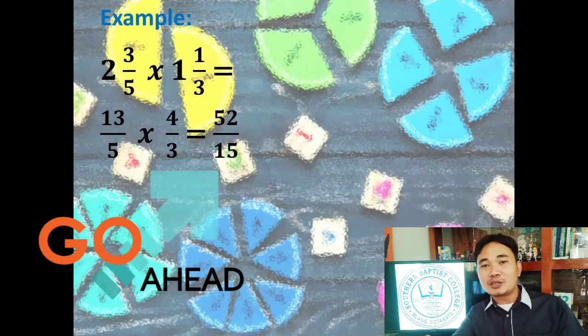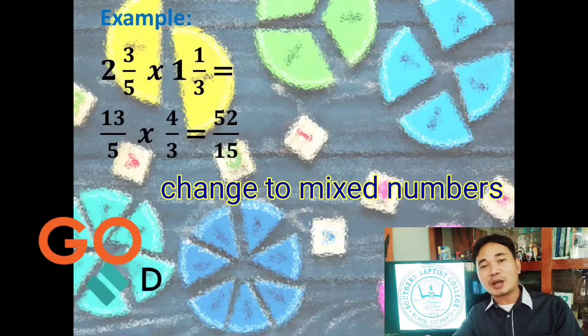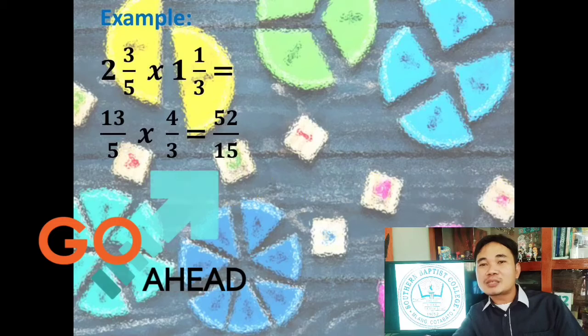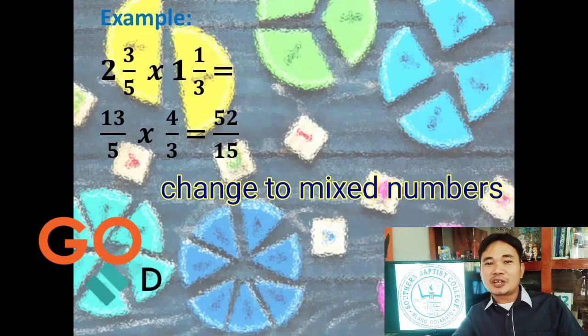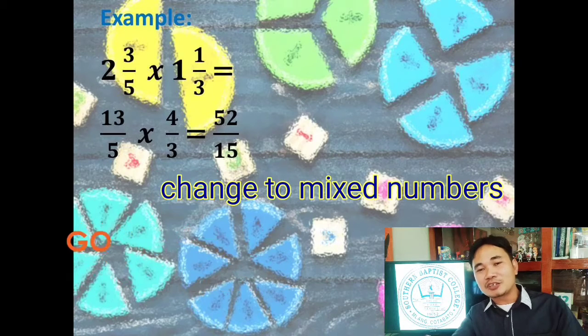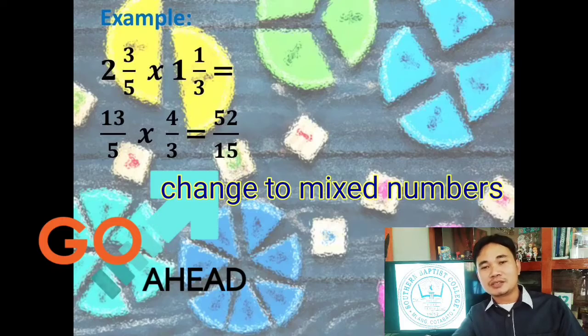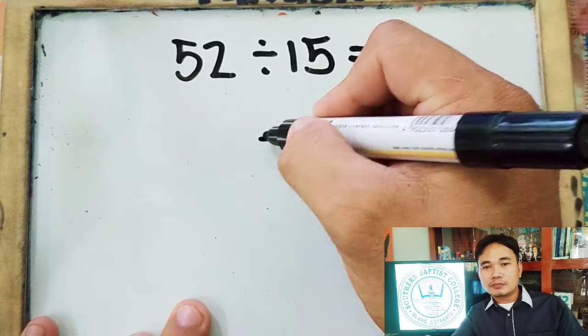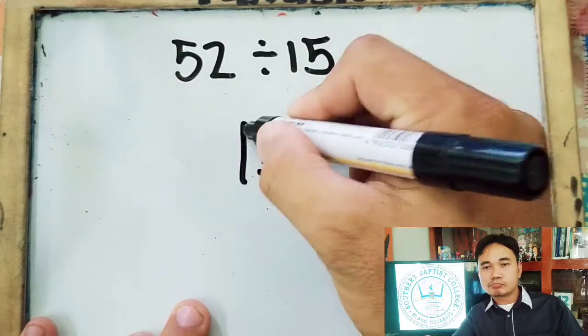So you can have continuous division or repetitive division na gagawin mo, or you can have a simple subtraction method. But what I'm going to show to you is the division method. So paano i-express ang improper fraction to mixed number? So let's watch.